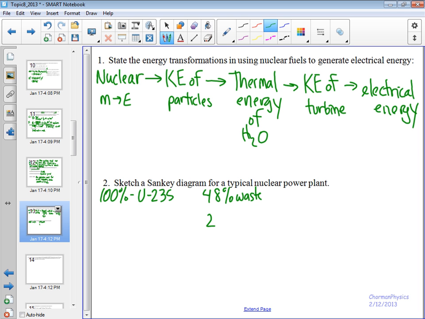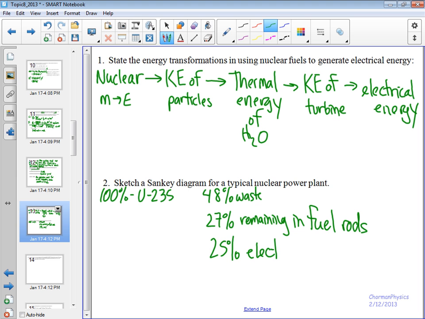Remaining energy in the fuel rods is about 27%. And what we end up with is about 25% electricity. And that's about it.